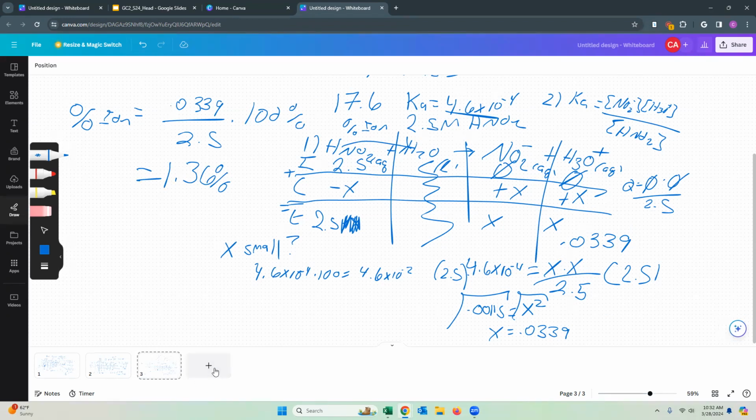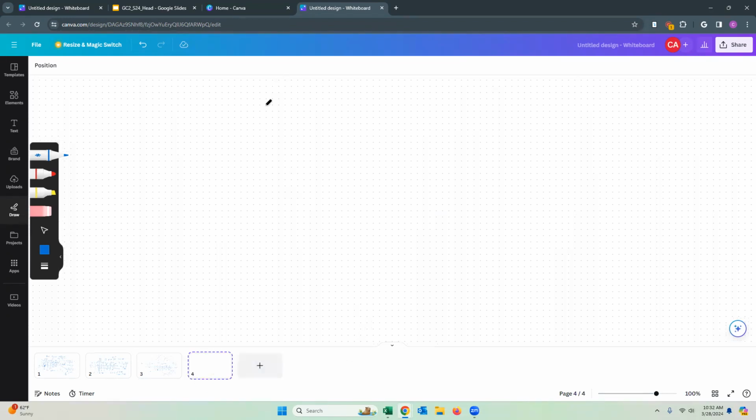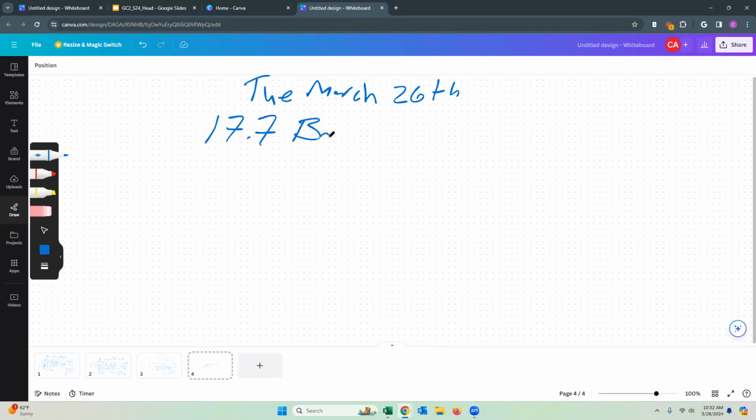And for those of you who like to follow along with the PowerPoint as well, this is the Tuesday, March 26th PowerPoint now. That has percent ionization in it. So we just did that. So let's go to section 17.7, which is basically bases.